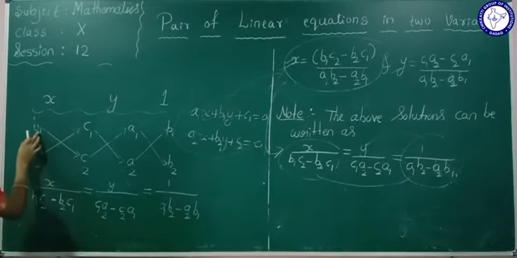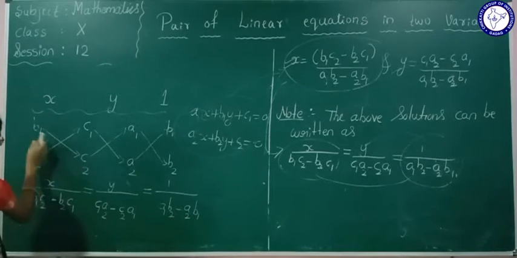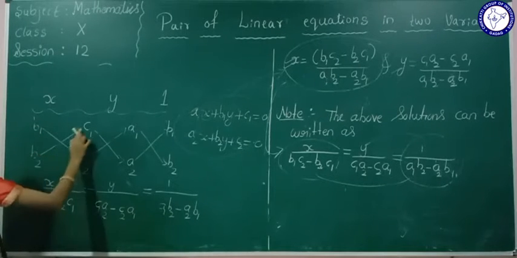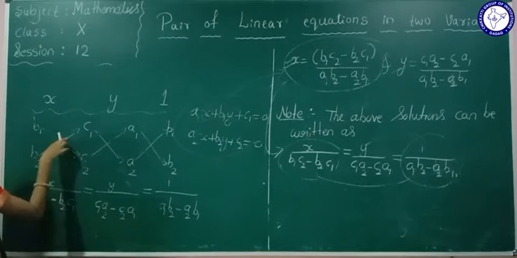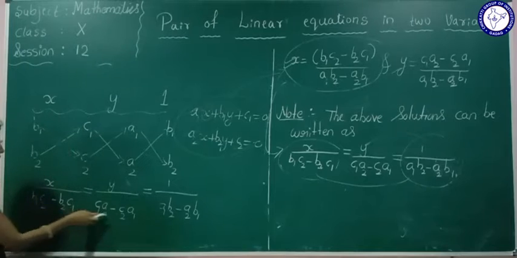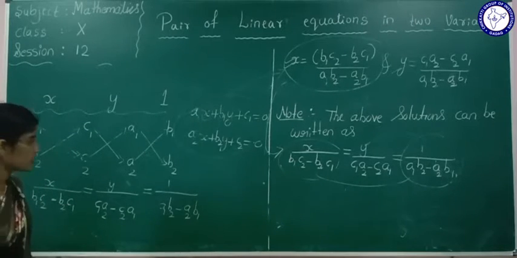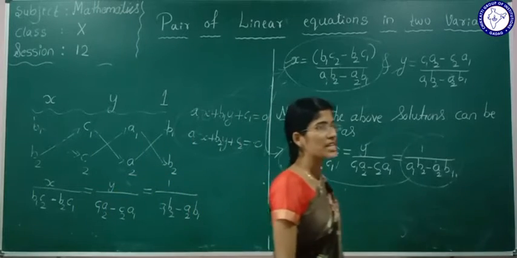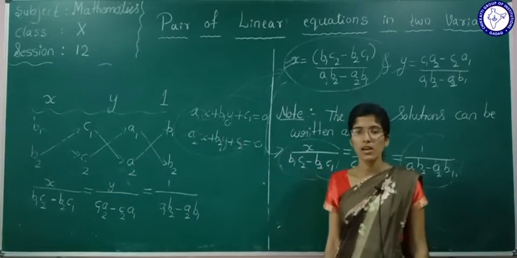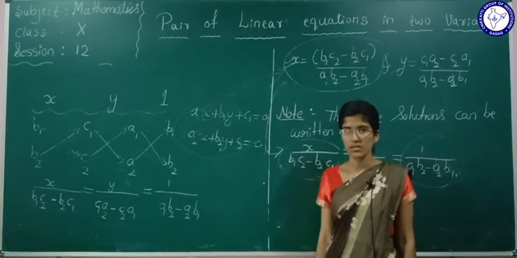Downward arrows mean you first multiply along the downward arrows, that is b1, c2. Here the upward arrow is there. This result, whatever I showed with the downward arrow, you have to subtract with the upward arrow. If you do like this, definitely you can solve the problem very easily in the cross multiplication method.